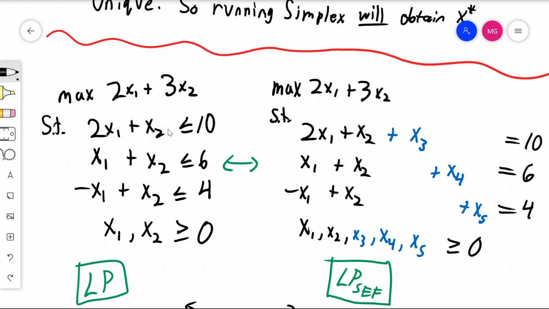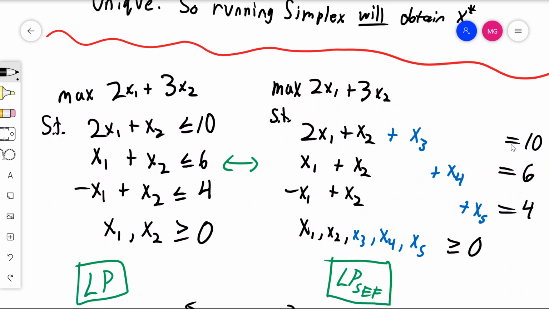That's what you do. So for instance, for this first constraint, 2x1 plus x2 is less than or equal to 10. So what you do is you do 2x1 plus x2, that's what we just had, plus x3. That's a new variable. We call it a slack variable because it just picks up whatever's left over. Because now we want to attain this upper bound of 10 because we need matrix equality constraints. Everything has to be equal to.